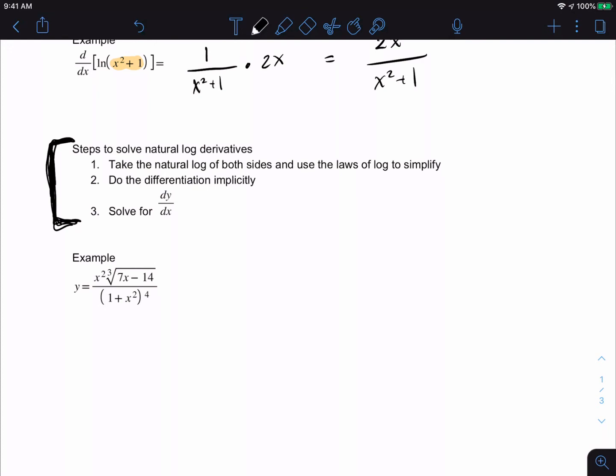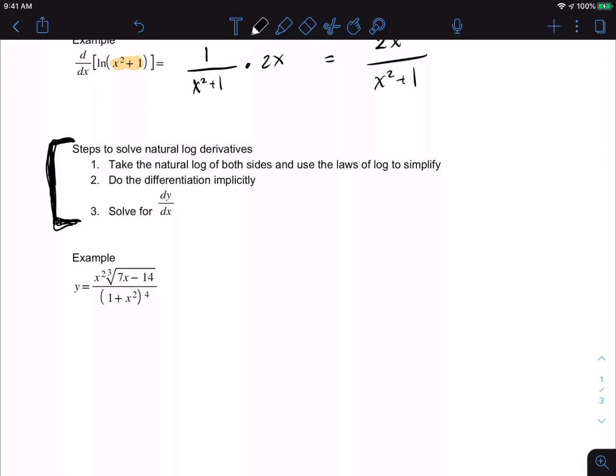Just a reminder, can we do the log to both sides? Yes, you can do it to both sides. So I'll show all that. With these problems, instead of trying to do the product rule and all this stuff, and then getting lost in a bunch of algebra, we're going to take the natural log of both sides, then differentiate implicitly, and then try to get our dy dx out of it. Okay? So, are you guys ready?